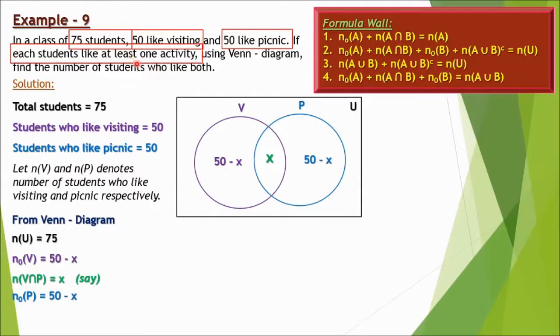That's why, if you see at least one activity anywhere in your question in class 8, 9 or 10, it means there is no complement. So the value of the complement is 0. Its complement set is totally empty. Remember this: if there is at least, then the complement is 0, so you can't place anything outside of these rings.